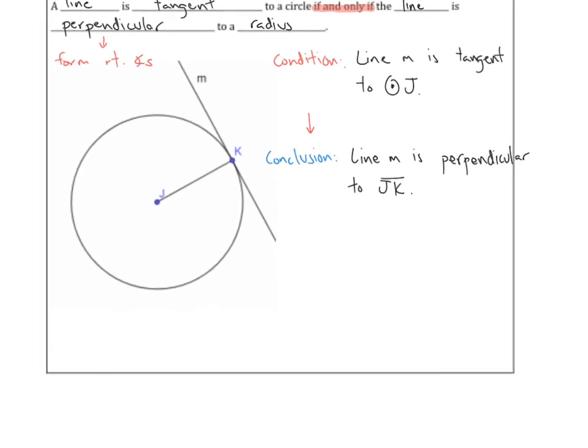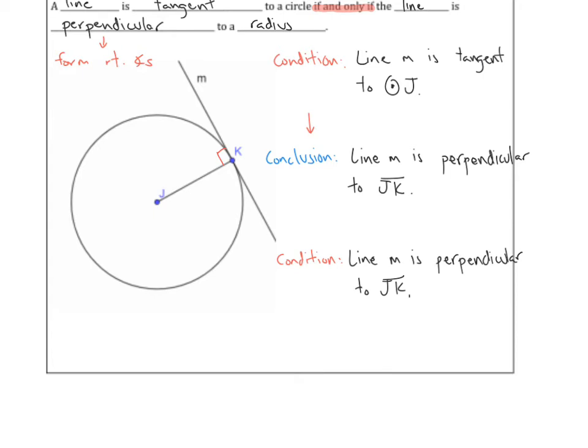Now, let's take a look at the reverse of this. Let's change the condition. Now, the condition is that line M is perpendicular to segment JK. They might tell us in the problem that JK and line M are perpendicular. They might also mark the angle with a right angle mark.